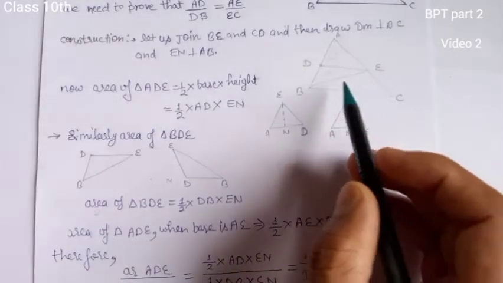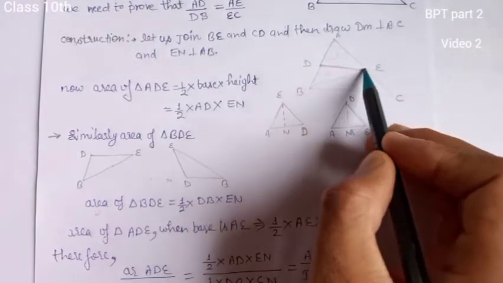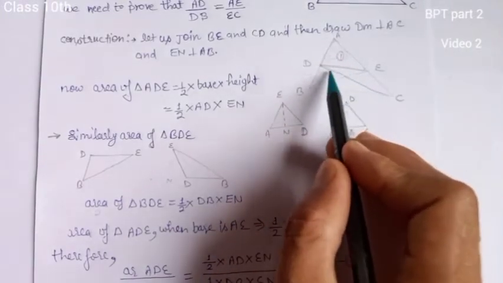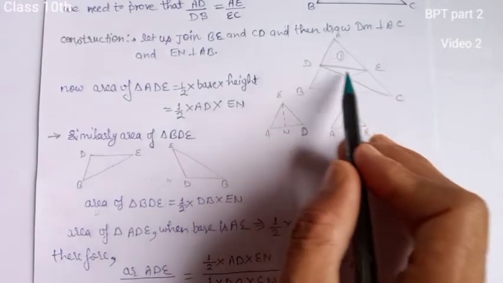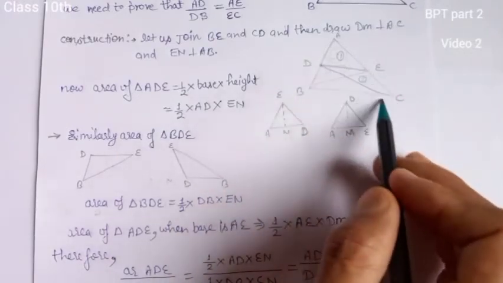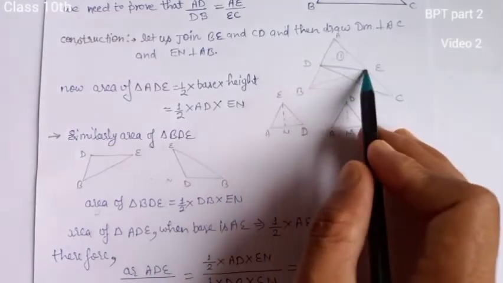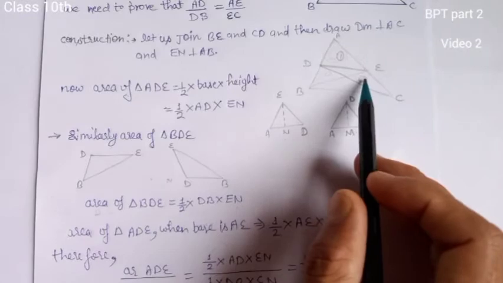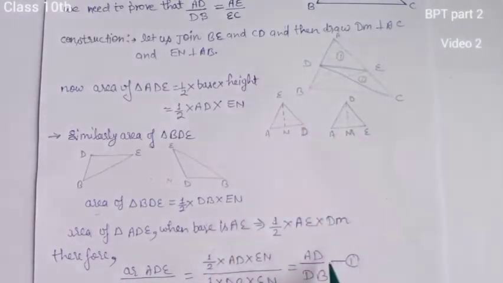Similarly, students, we will do the other side. Here triangle 1 is ADE and the other triangle is CED, this is triangle 2. You can also say DEC. The area of triangle ADE we already found: 1 upon 2 into AE into DM.